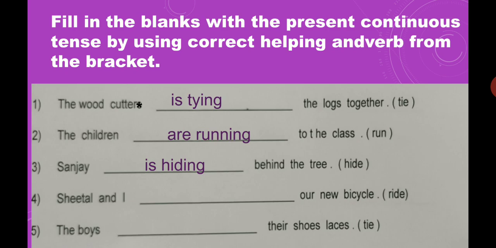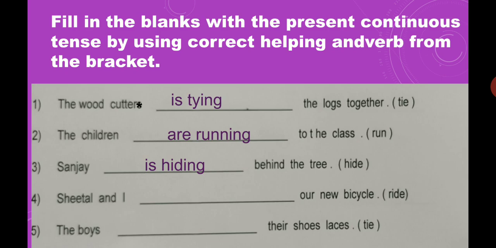That's why. If there is only I in the sentence, then we will use am as a helping verb. But here Sheetal is there. That's why we are using are, and ride becomes riding. The same rule applies here as in number 3. In hide, we remove E from hide.